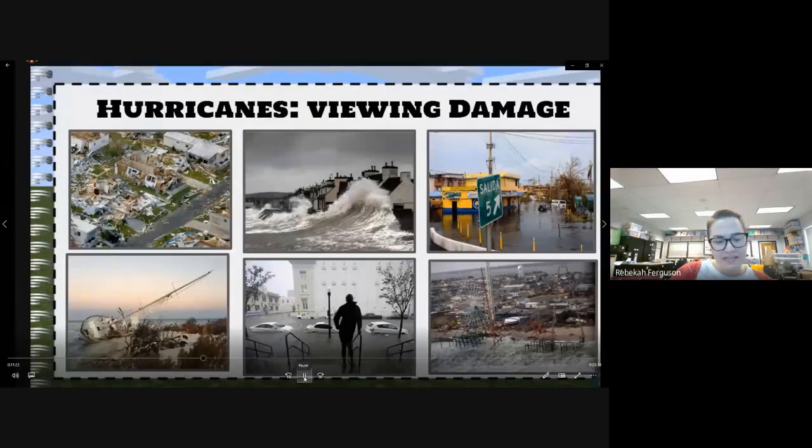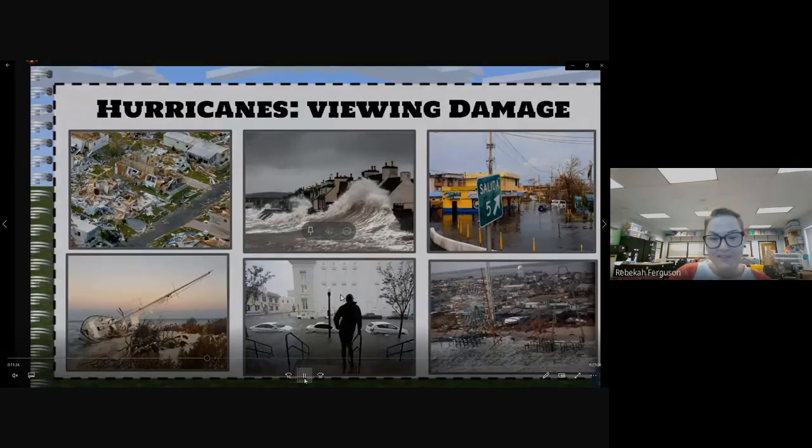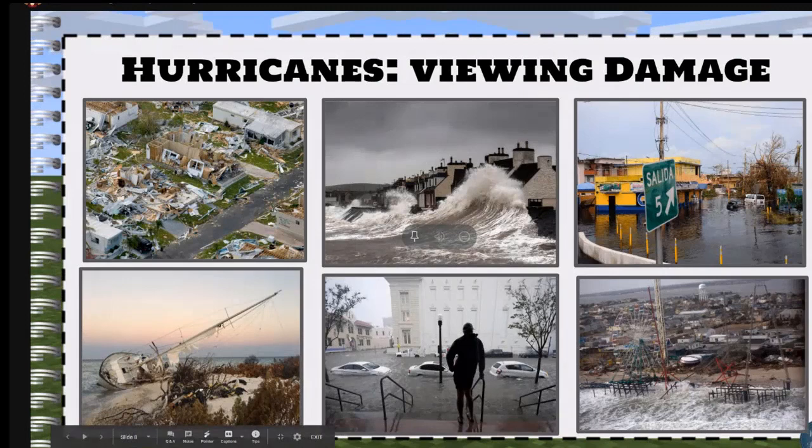Yeah, I think it was important too, them seeing the real life pictures and that storm surge of how high those waves actually can come on the buildings. That's pretty insane to me. It can be catastrophic for a town and take a really long time to repair and come back from a really big hurricane.